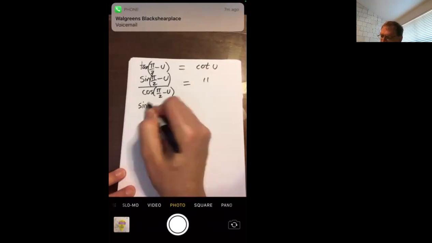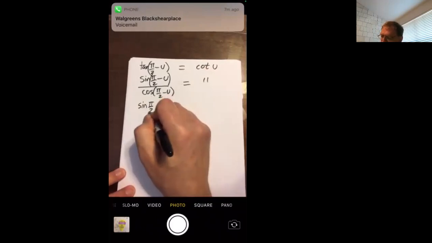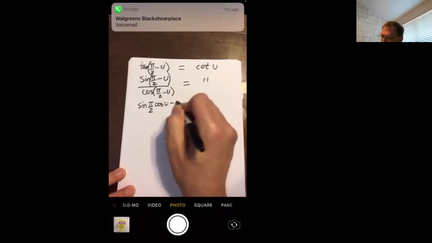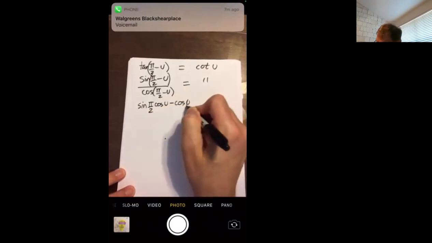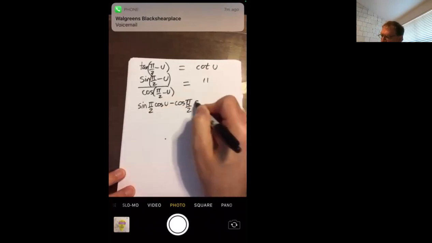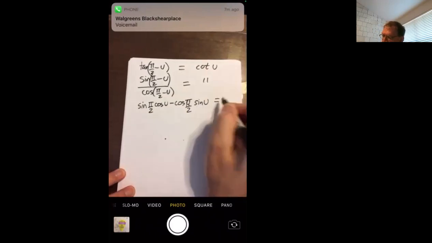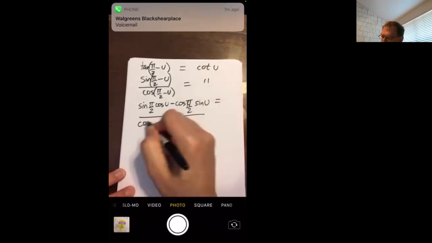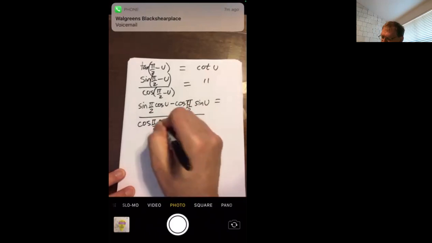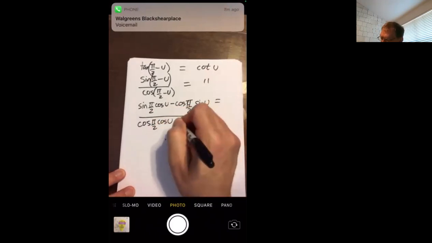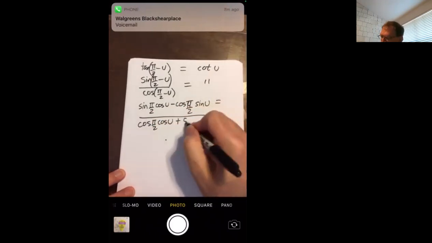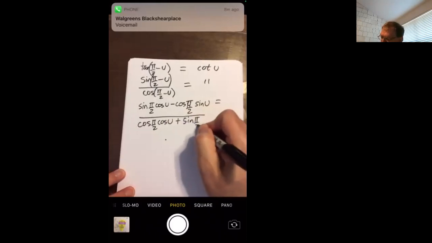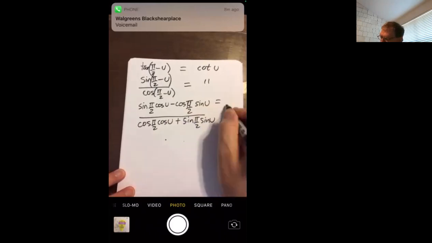So the top one is going to go sine pi over 2, cosine u minus cosine pi over 2, sine u: sine first, cosine second, minus cosine first, sine second. Your bottom one is going to go cosine cosine, and opposite sign in the middle, sine sine. Cotangent u.